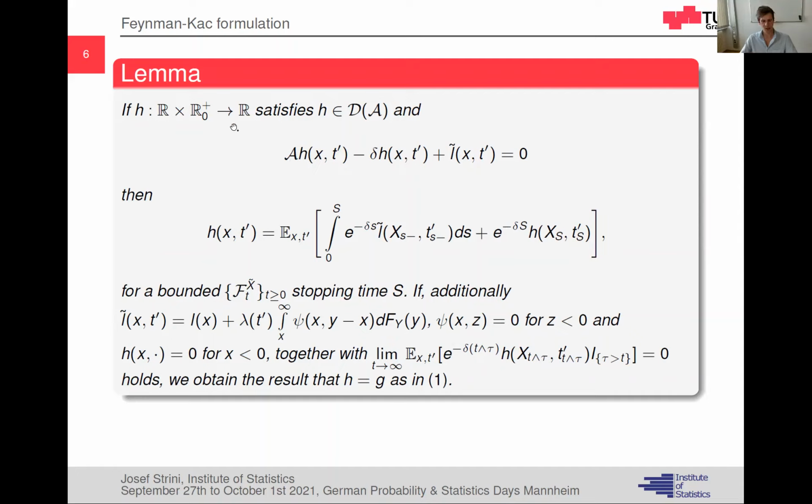Yes, and if this function h lies in the domain of the generator and fulfills this equation, then h can be written as this conditional expectation. And if additionally L tilde here has this special form and psi and h fulfill some other conditions, then h really is the function g, our extended Gerber-Shiu function, as in (1).